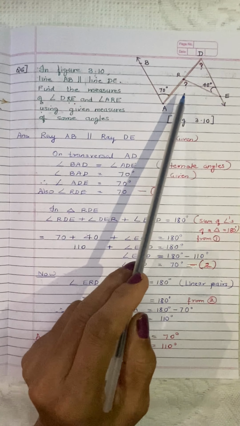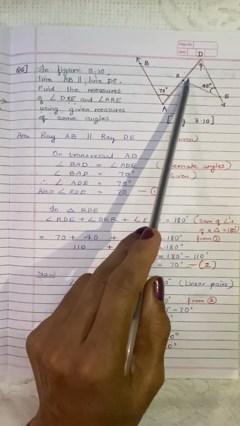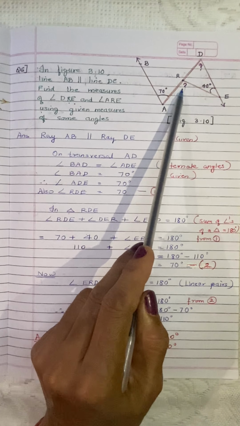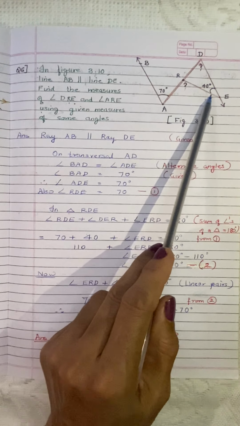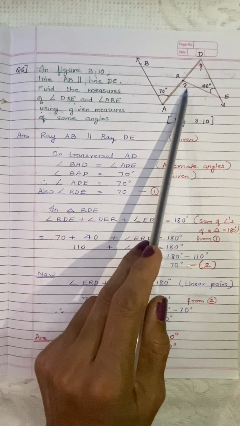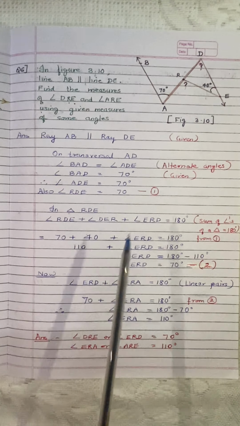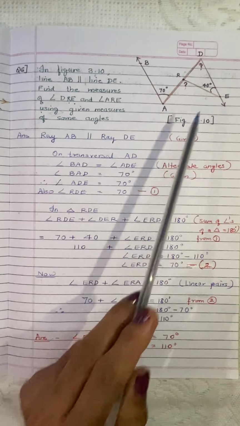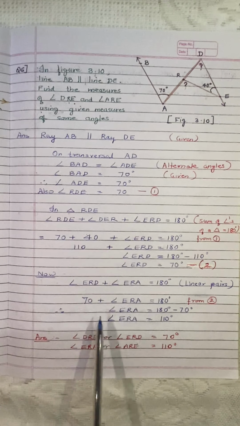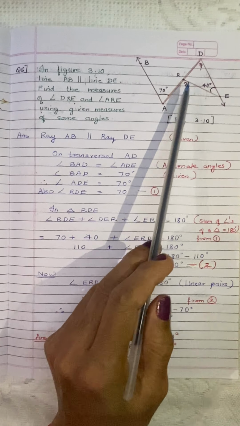Now we need to find out this angle. Now we got the measures of all the three angles of this triangle. So this becomes the exterior angle of this triangle. Using the property of exterior angle, we can find the measure of this angle. That is angle ERD plus angle ERA is equal to 180, or we can use angles in linear pair.